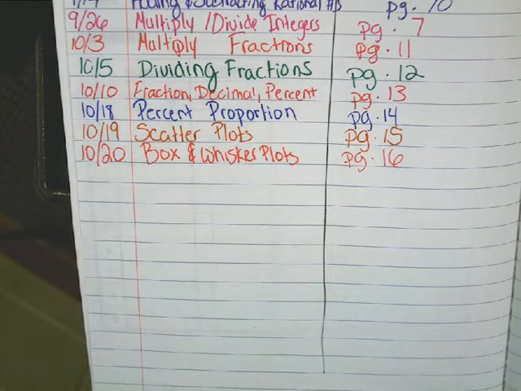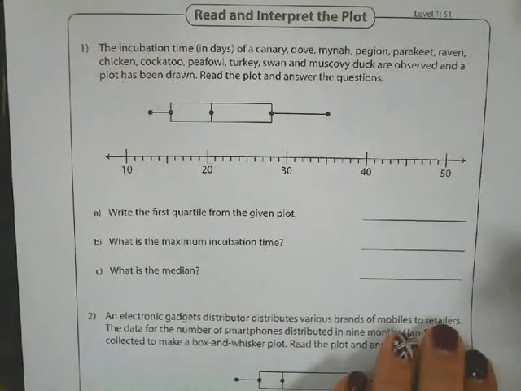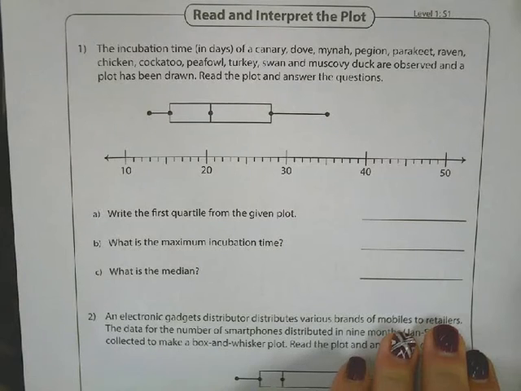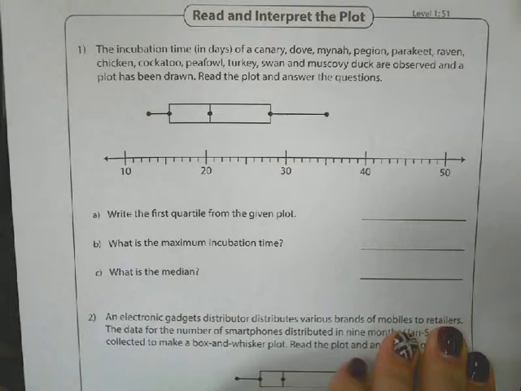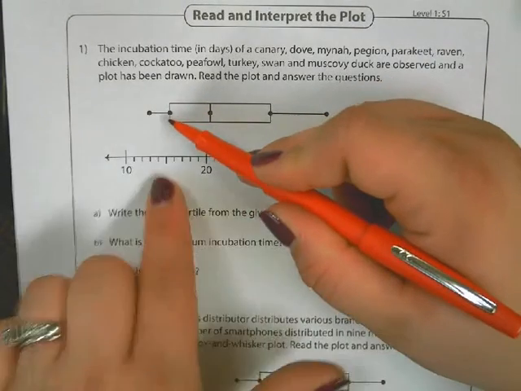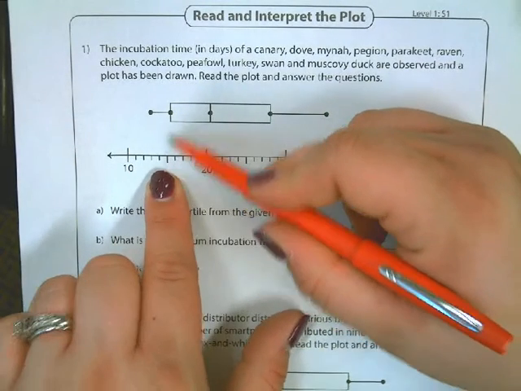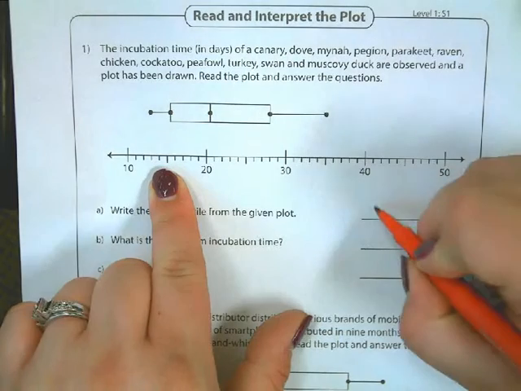Okay, let's look at a couple examples. Here's one that is already drawn for you. I need to find the first quartile. Remember, the first quartile is at the beginning of this box. I'm going from 10 to 20. There's halfway, so there's 15, and it's halfway between 15 and 16. So it'd be 15.5. You do not need to write this down, just follow along.